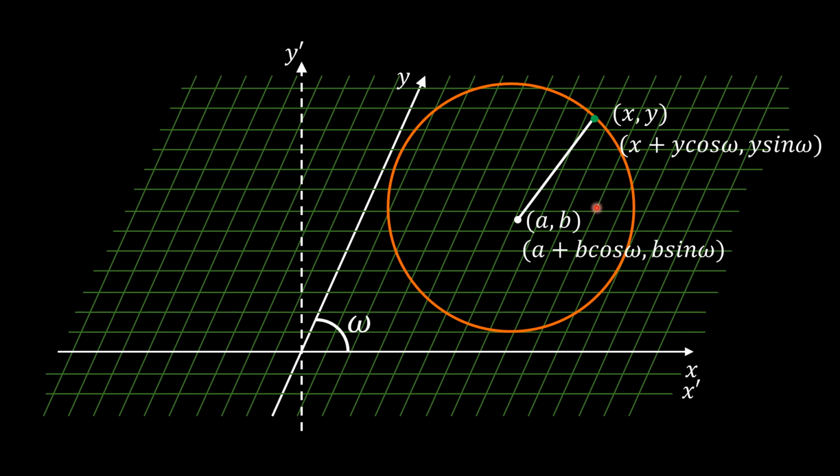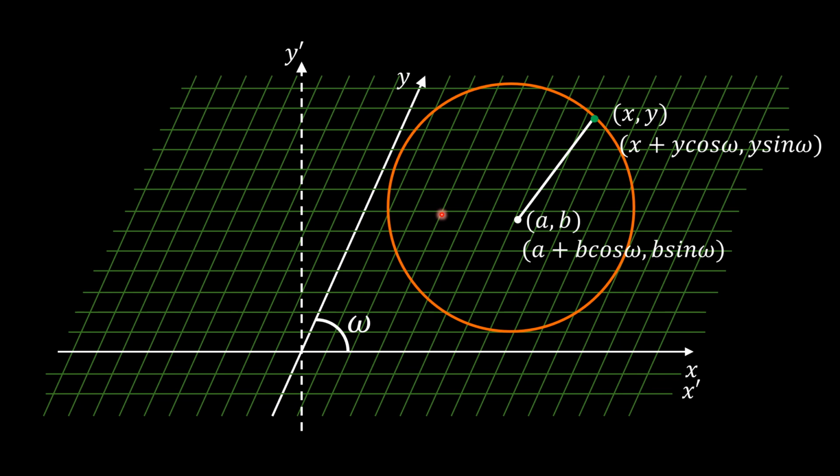So the center now becomes a, and then the b component onto that, the x prime component will become b cosine omega, and then the y prime component becomes b sine omega. And then when you go to the x and y, similarly we have x plus y cosine omega representing the x prime, and then y sine omega representing the y prime.